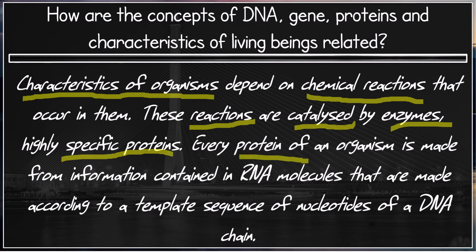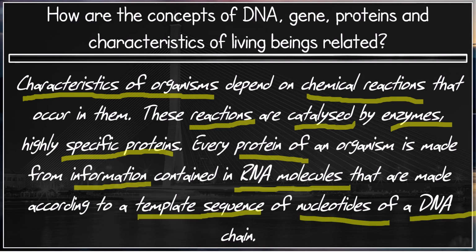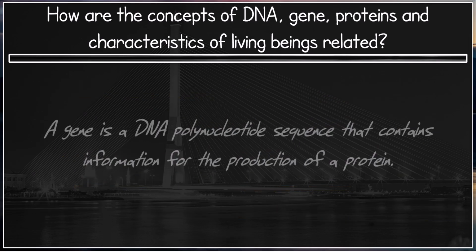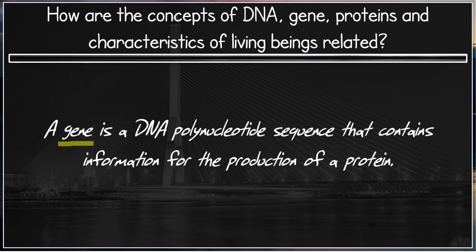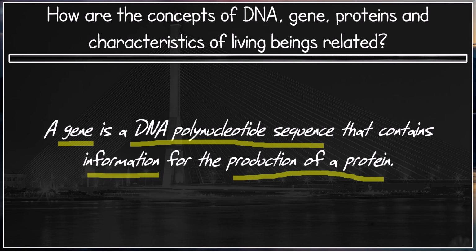Every protein of an organism is made from information contained in RNA molecules that are made according to a template sequence of nucleotides of DNA chain. A gene is a DNA polynucleotide sequence that contains information for the production of a protein.